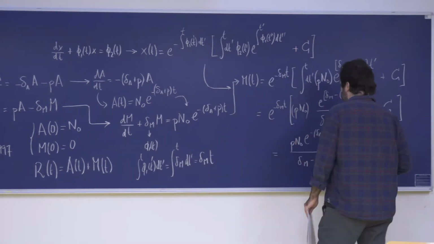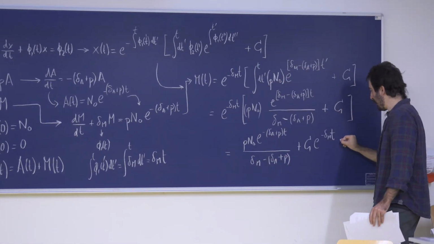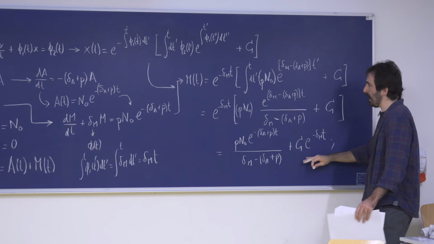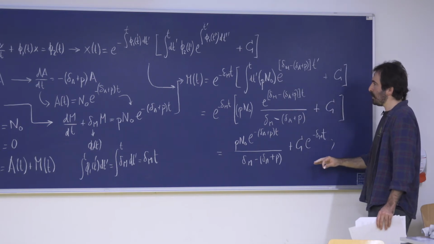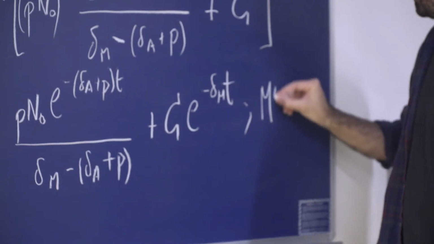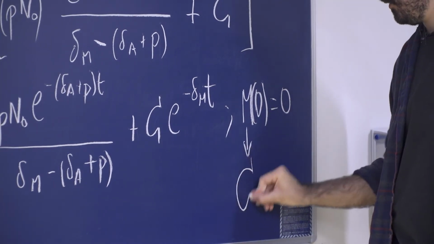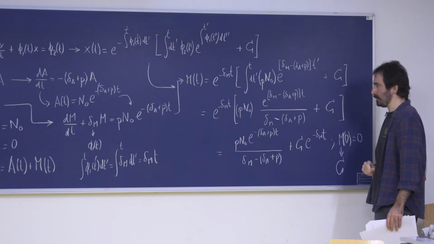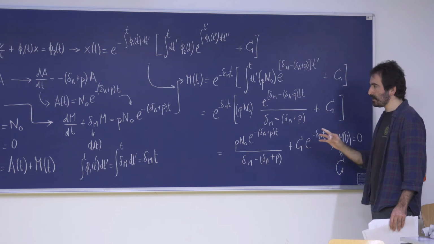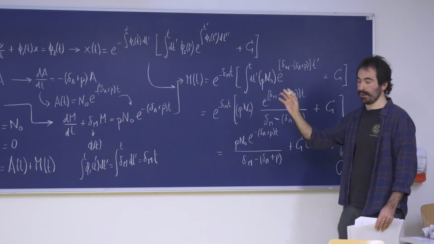Which means that I need to now do the following. I need to take this solution that I have here and impose this in order to find the value of this constant. Okay, so I shall erase the blackboard and I'll do it right there.